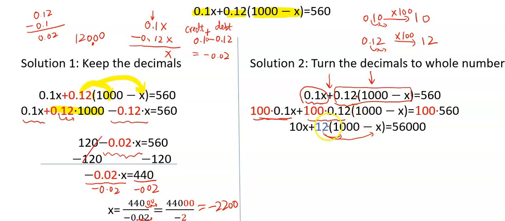Okay, so we do that, and we are going to get, so again, we cannot distribute 100 to both 0.12 and 1,000 minus x, because between 100 and 0.12, and between 0.12 and 1,000 minus x, that's also multiplication. It's not a plus or minus.